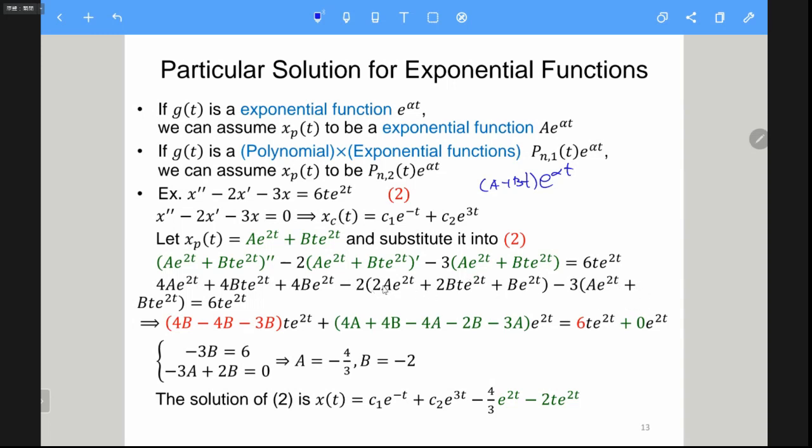And then you can just follow all the things so that finally we can collect the terms together. We have t times e to the 2t, like this one include this one, and also this one. So we have 4b here, and then negative 2 times 2b will be minus 4b. Minus 3 times b will be minus 3b.